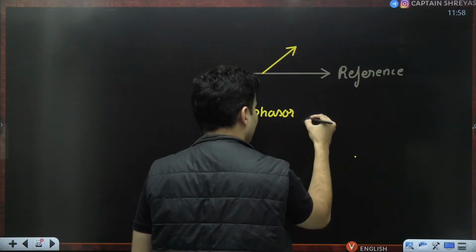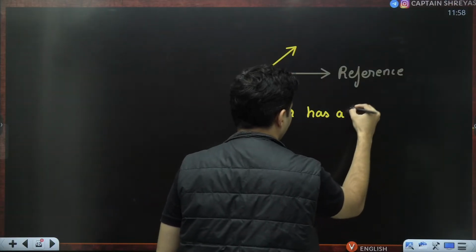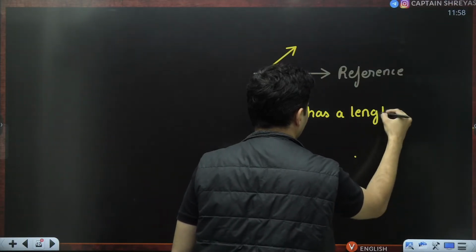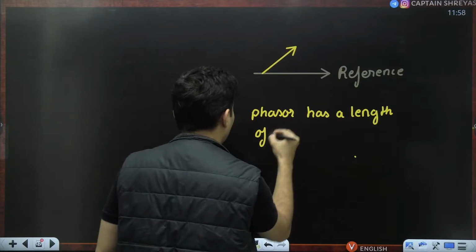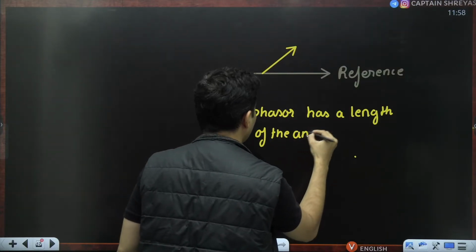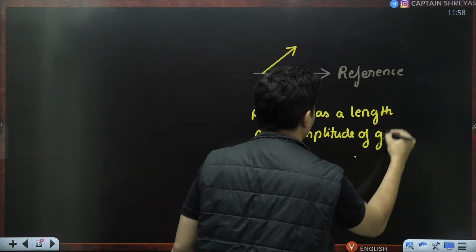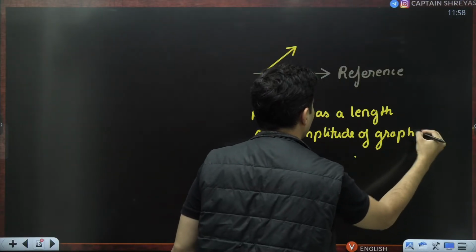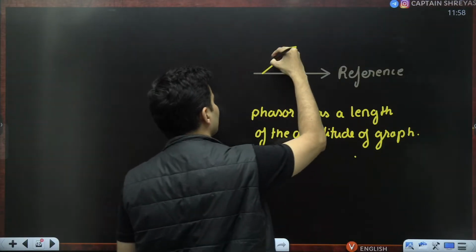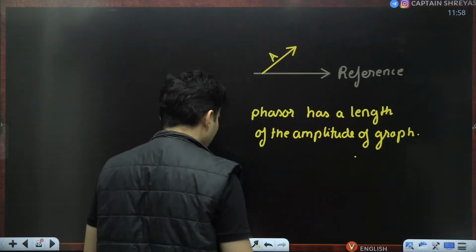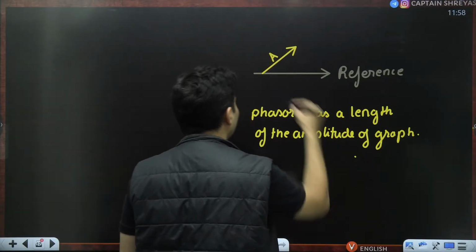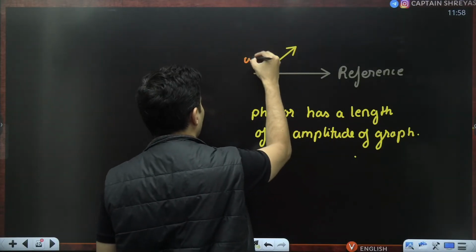A phasor has a length of the amplitude of the graph. It has the amplitude of the graph as the length. So this becomes your amplitude. It also will rotate with some angular speed.